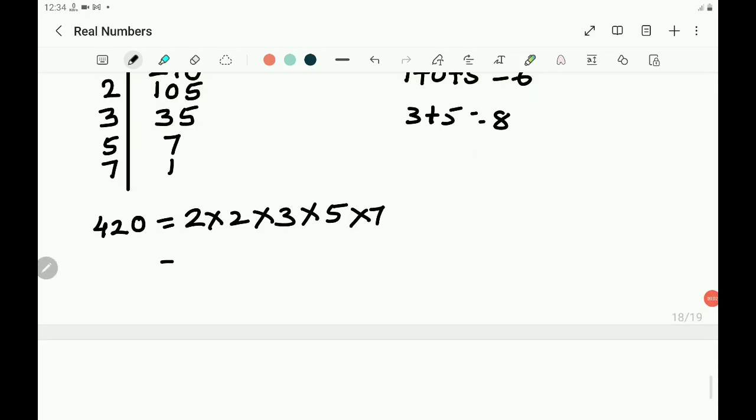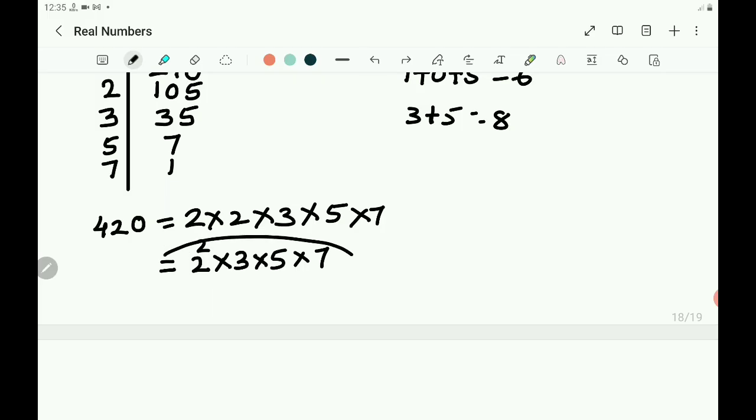Now you write here that 2 came 2 times. 2 into 2 can be written in the form of a power, that is 2 power 2.